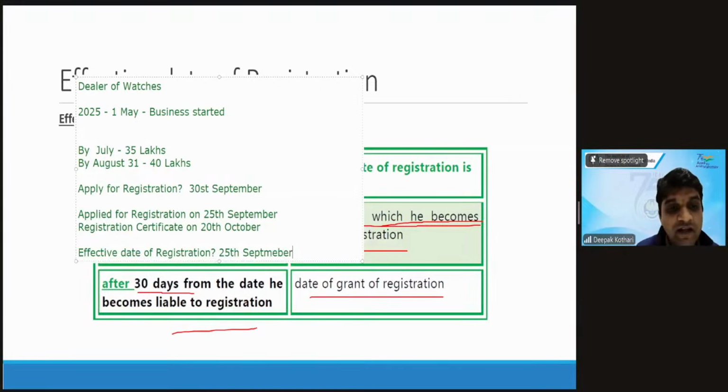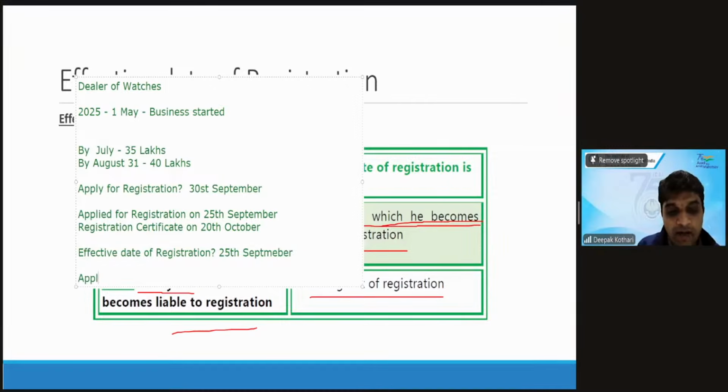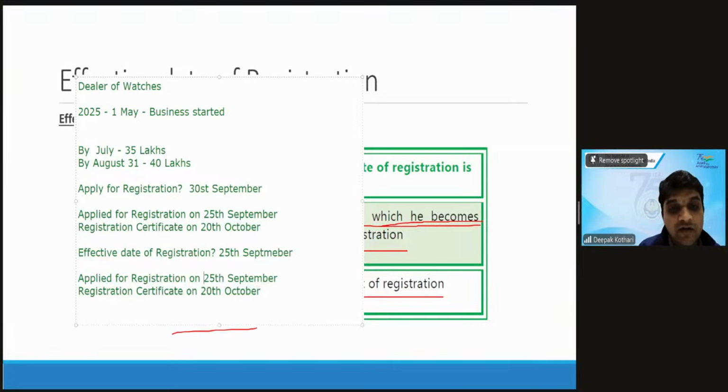Okay. Second case, I have applied for registration on 5th of October, and my registration certificate is given on 20th of October. What will be my effective date of registration?